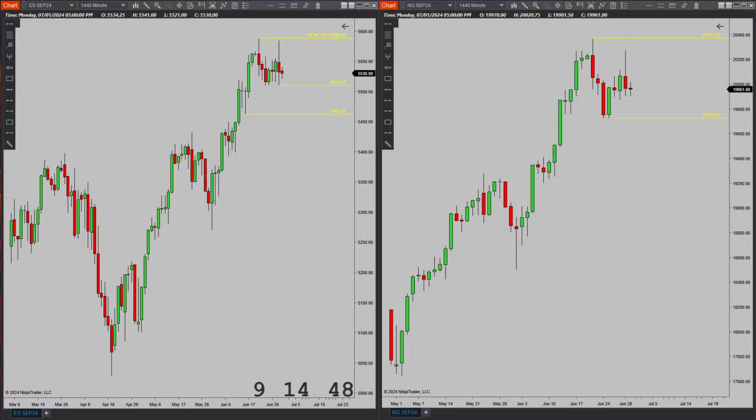Daily. Okay, so on YM we do have a higher high based off the previous daily range on YM. So we do have a higher high. However, we are trading lower. So that would be SMT sort of between those highs.